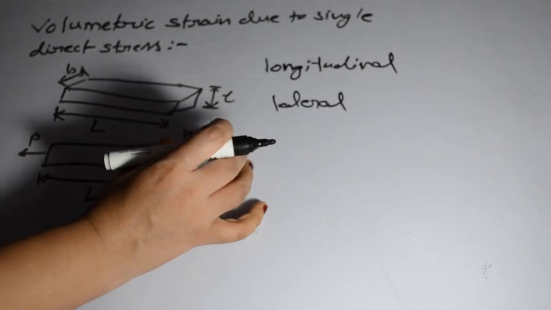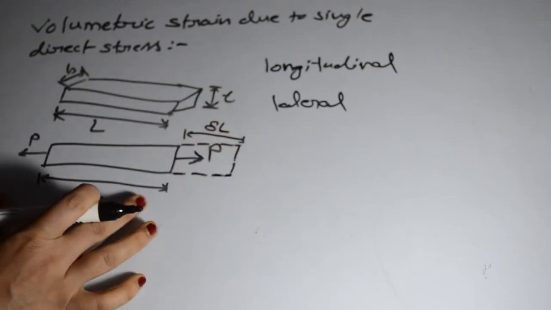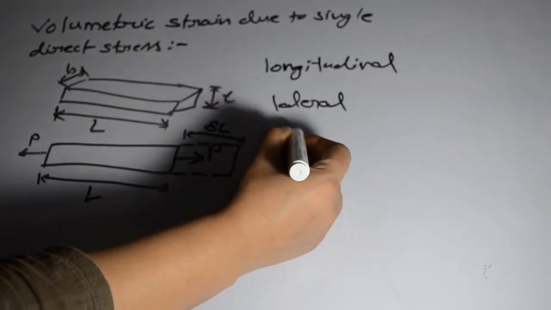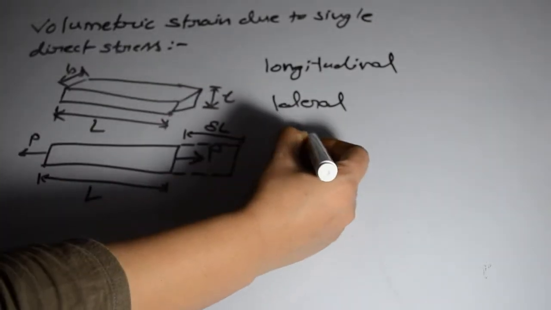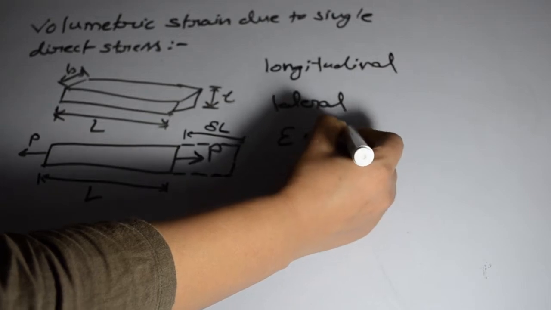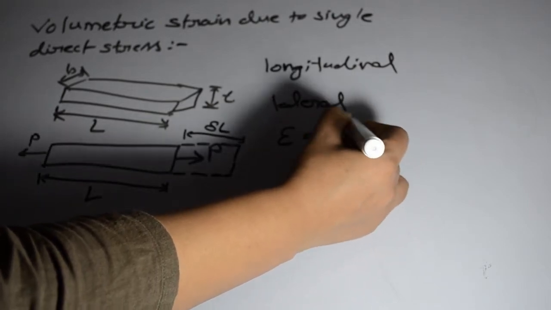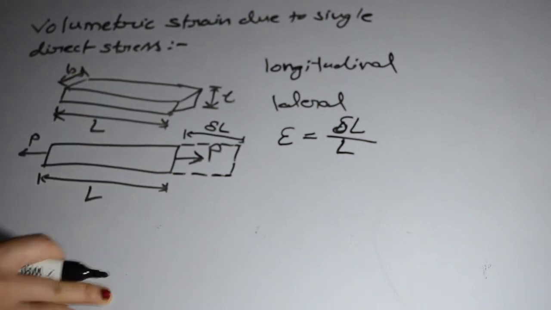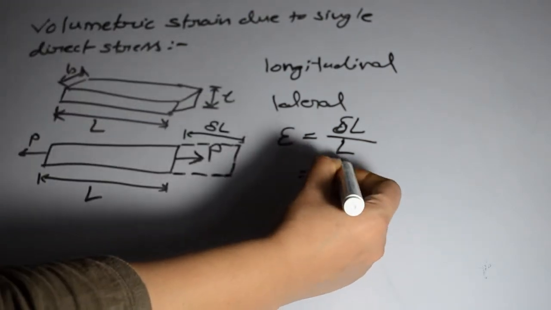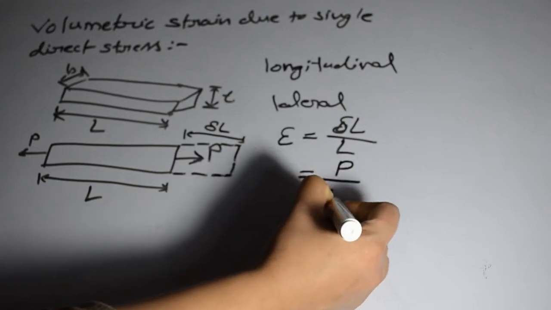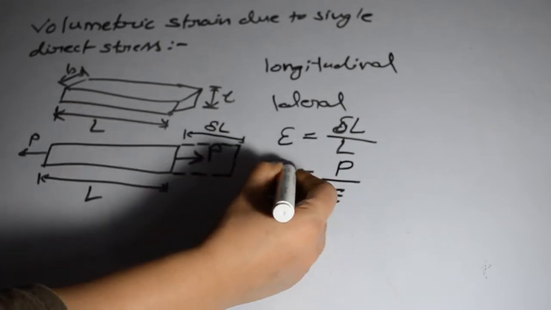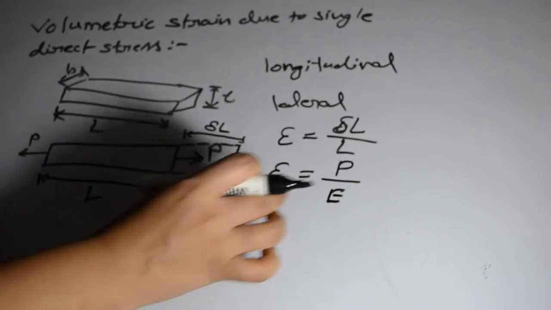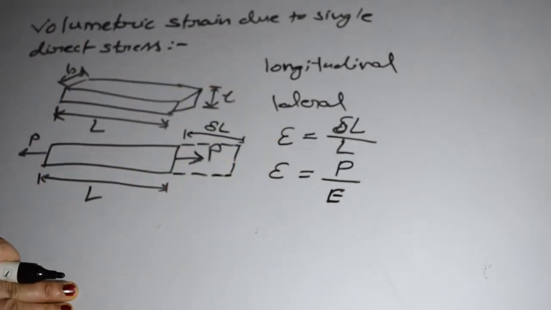If delta L is the change in length and the original length is L, then the longitudinal strain, denoted by eta, will be delta L by L, or we can write it as P by E as per Hooke's law. So this is the longitudinal strain, and another is the lateral strain.